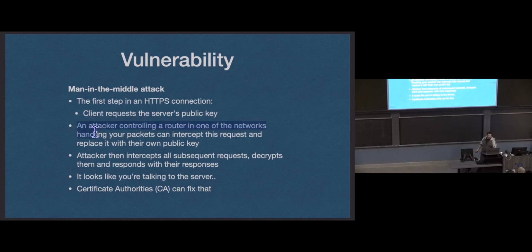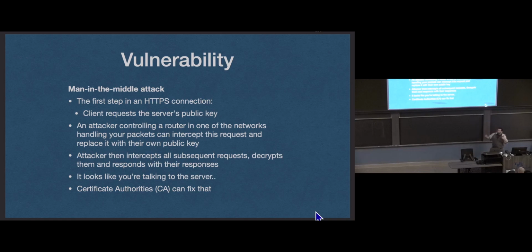So we have this one attack. This one's a pretty bad one, the man-in-the-middle attack. You want to connect to a website. You say, yo, web server, what's your public key? The web server responds with their public key, but somebody is intercepting that traffic, takes that public key, throws it away, and replaces it with their own public key and sends it to me.